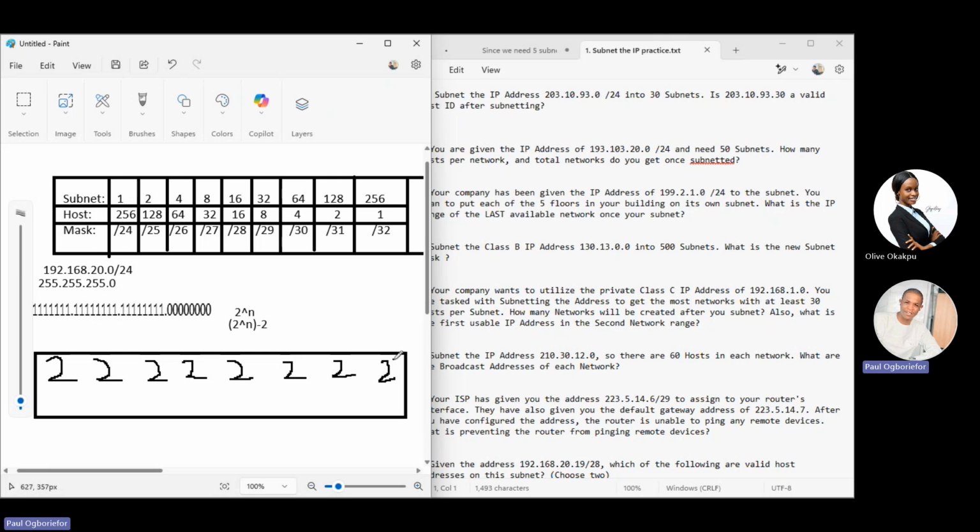So you give it a power of 0 starting from the most right hand side, and then you move to 1, 2, 3, 4, 5, 6, and 7.